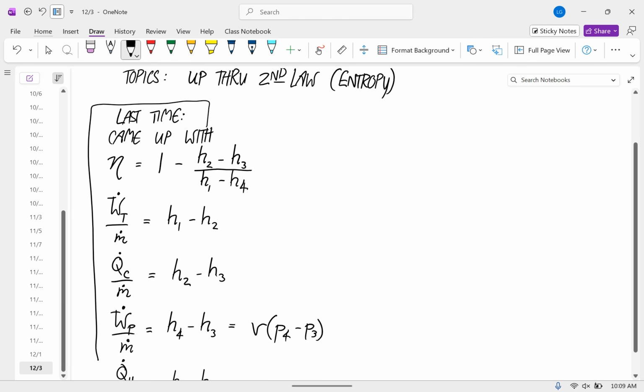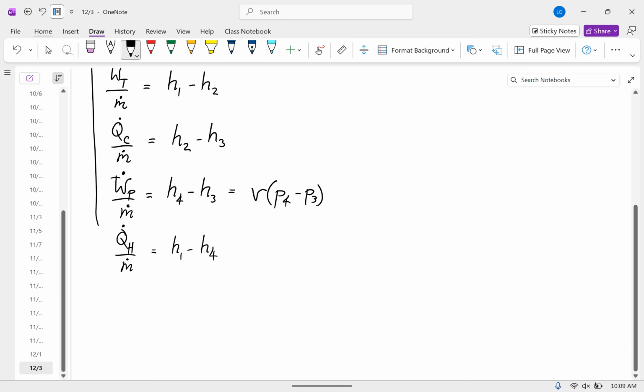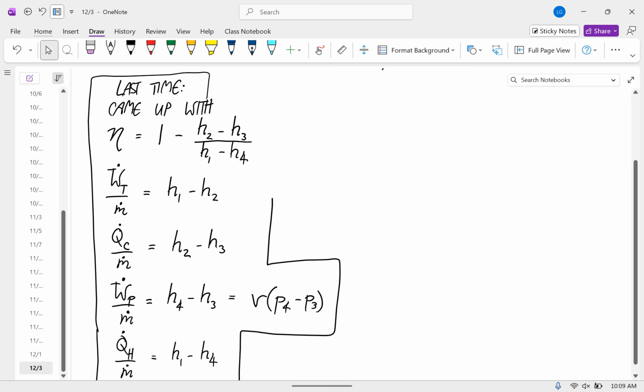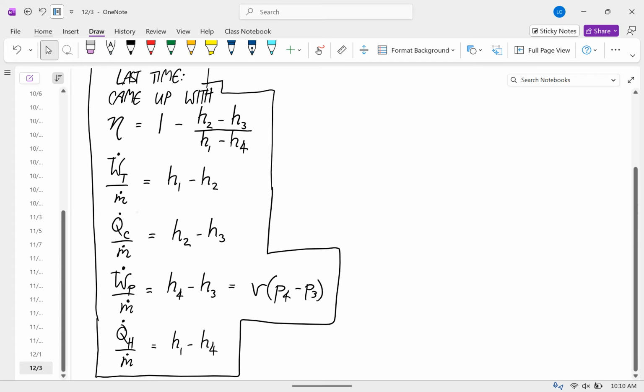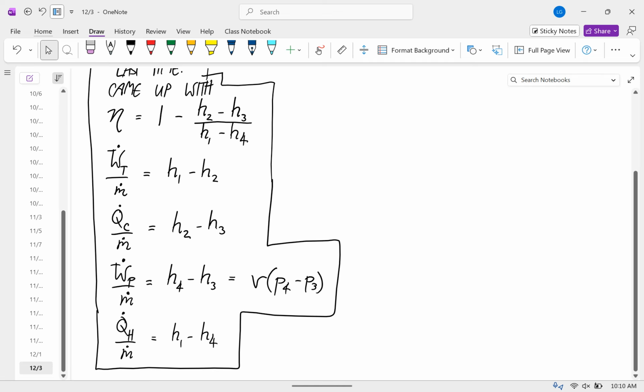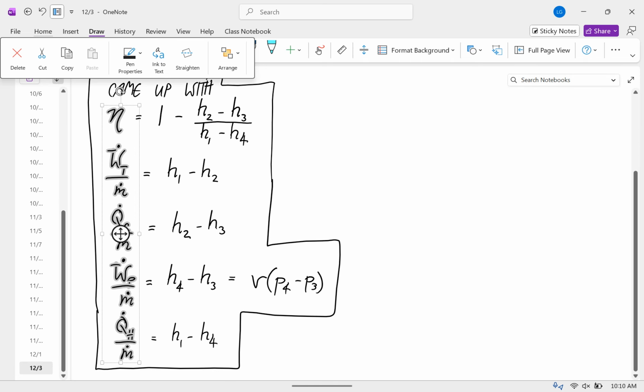Okay, so our basic goal with any of these problems is going to be to calculate the specific enthalpy at all four of these states. Once we do that, we can answer just about any question. Okay.